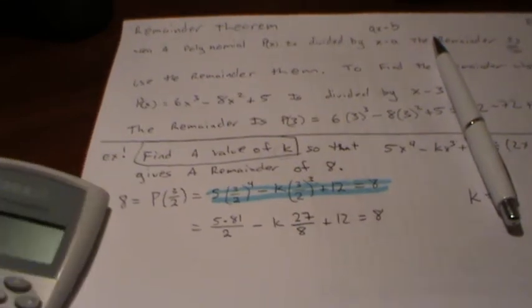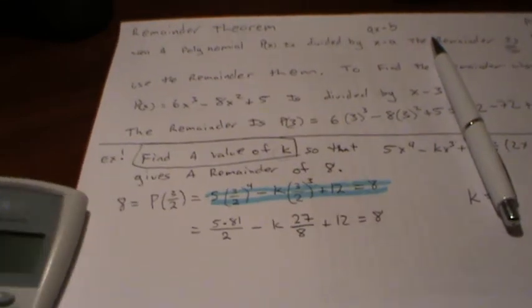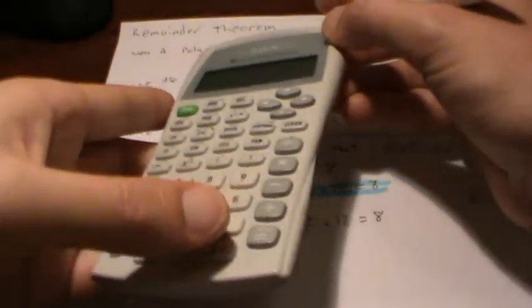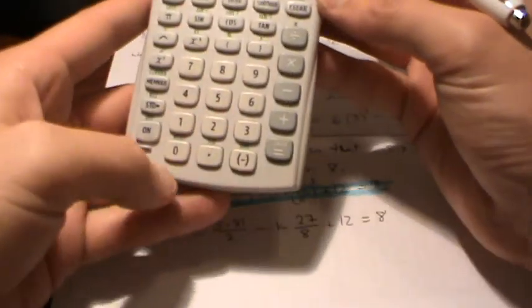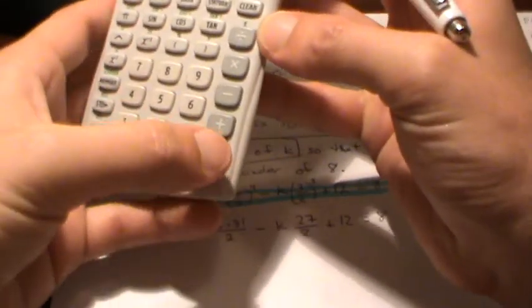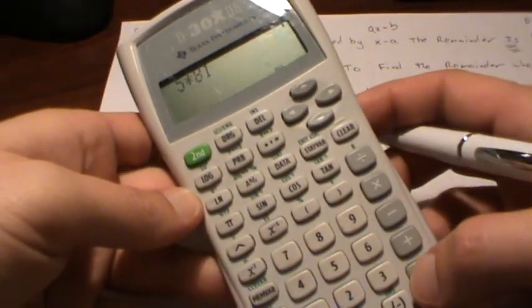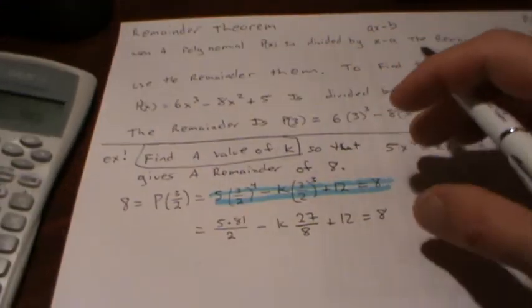But I'll get out the calculator and maybe help make some adjustments here. I'm just going to quickly do 5 times 81. 5 times 81 is equal to 405.